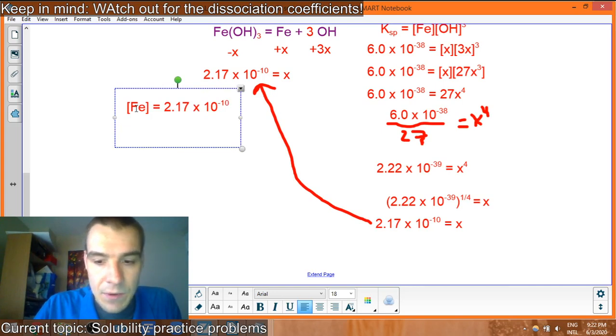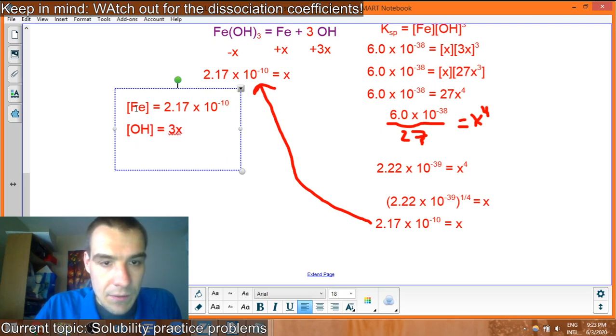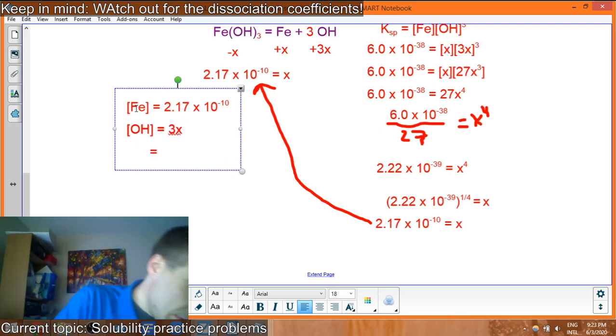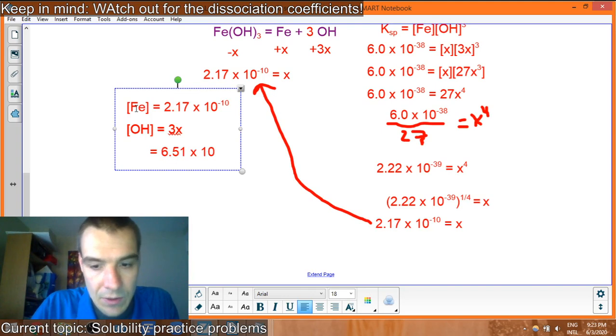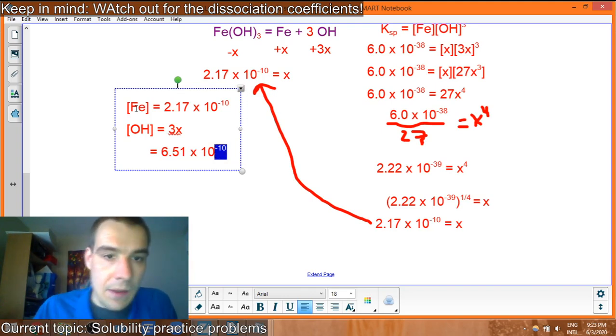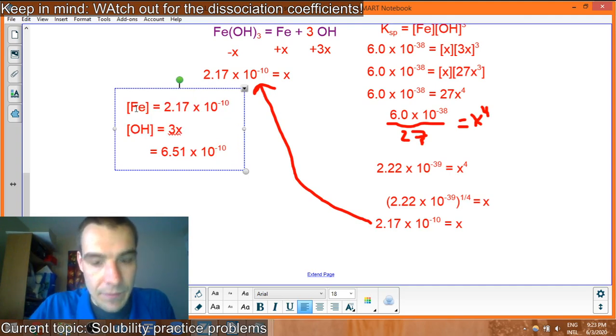And the concentration of OH is 3 times that. It's equal to 3x, which is equal to 2.17 times 3, 6.51 times 10 to the negative 10. Oh, and that's in moles per liter. So let's do a unit.